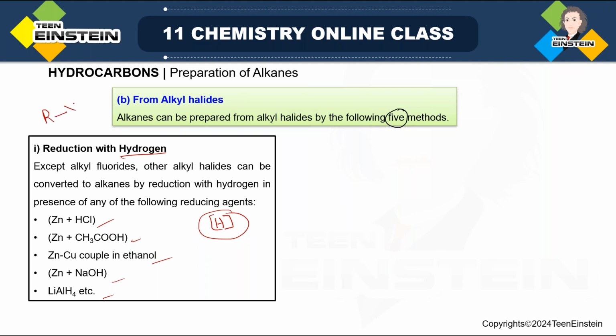In general, you can write it like this: this X will be replaced by H, giving RH. So this is alkane, this is alkyl halide. Now this process is not for alkyl fluoride, because to break the R-F bond is really difficult. So that is not possible.